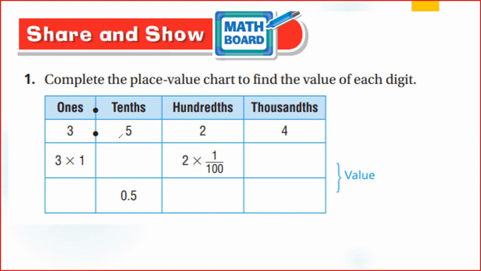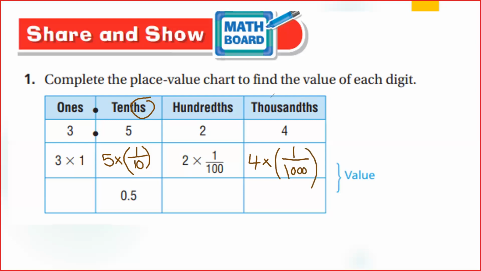How do you write it? 5 times what? 1/10. It's tenths, not 10. Thank you. Hundredths, it's 2 times 1/100. 4 thousandths. Dina, how do you write 4 thousandths? It's 4 times what? Over what? 1000. Bravo. Thank you.